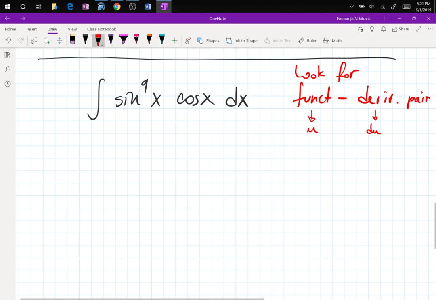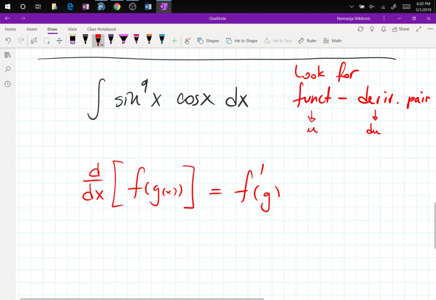Now, why is that so? I'm going to erase this. Probably I shouldn't, but I will. The derivative of f of g of x is f prime with g plugged in times g prime, right?